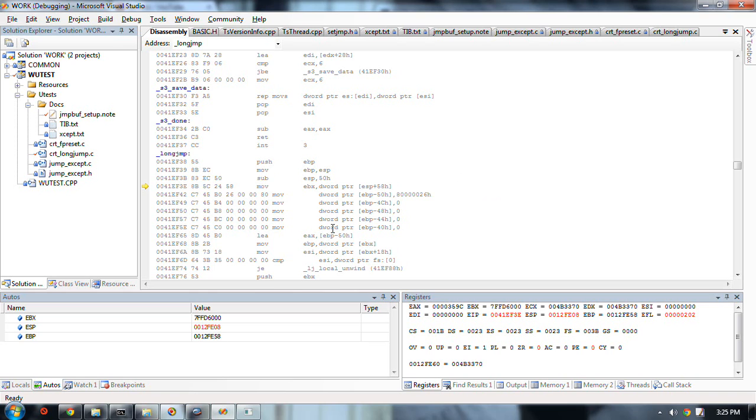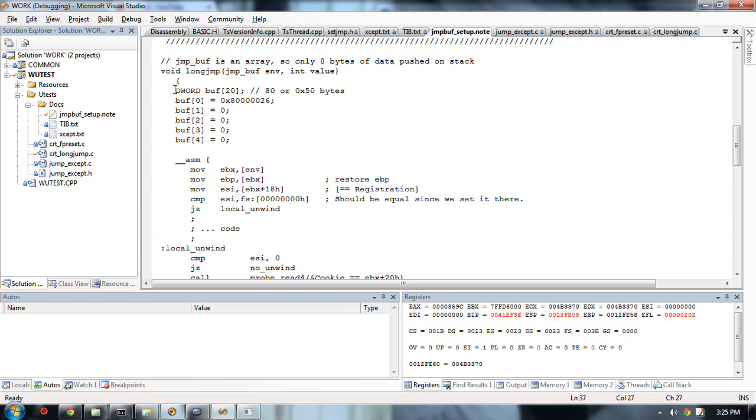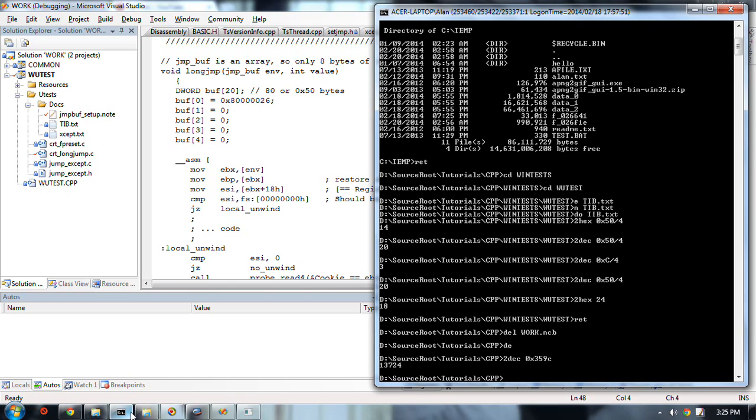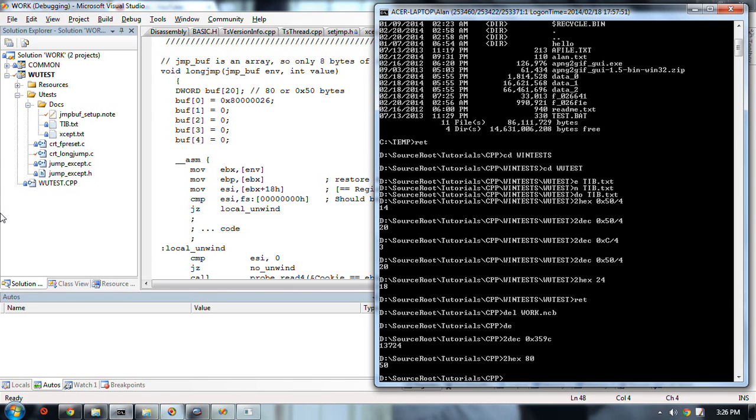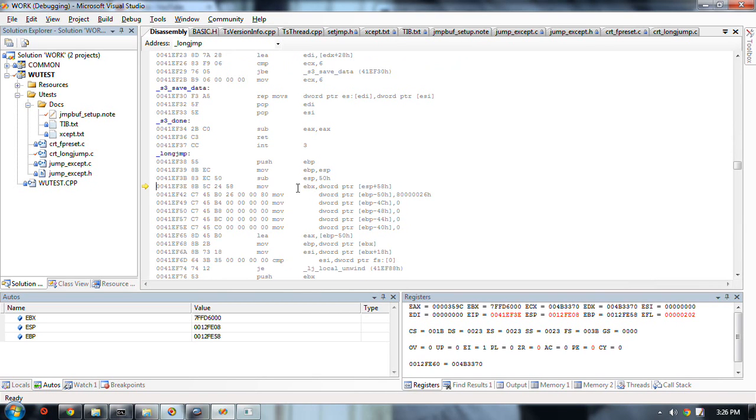It looks like an array of D words. So I just said, okay, there's a D word buffer, and it turns out 50 hex is the same as 20 decimal D words, or 80 bytes, right? 80 in hex is 50. And that's the amount allocated here.